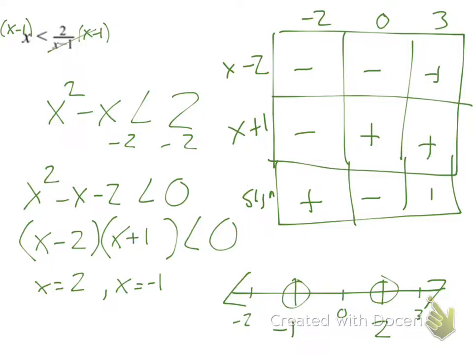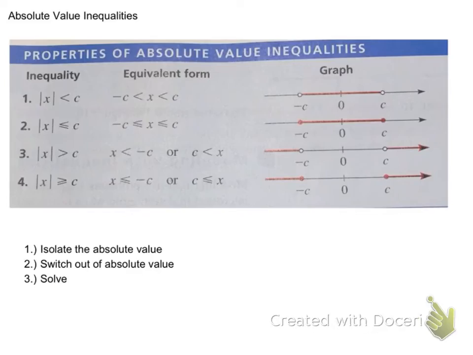Positive. Positive. Positive. So, the question is, again, where is it less than 0? And the only place they are less than 0 is again in the middle. If that sign would have been switched, then we would shade the outsides.